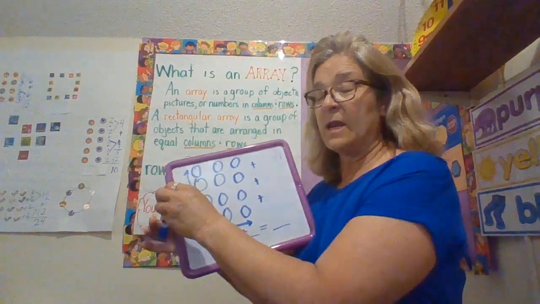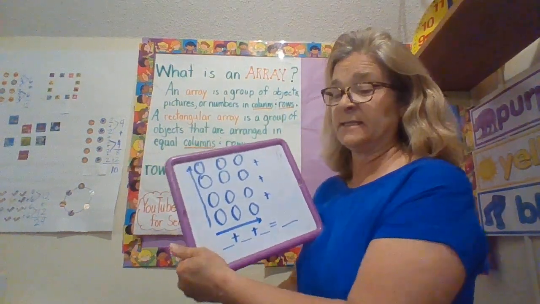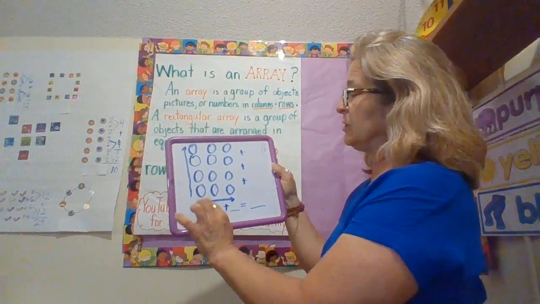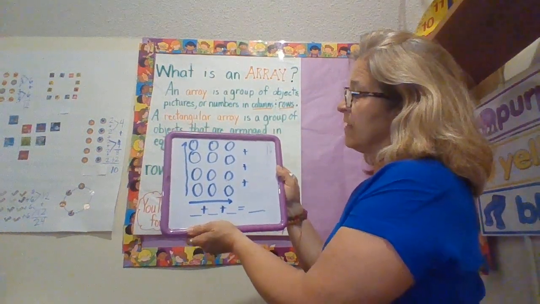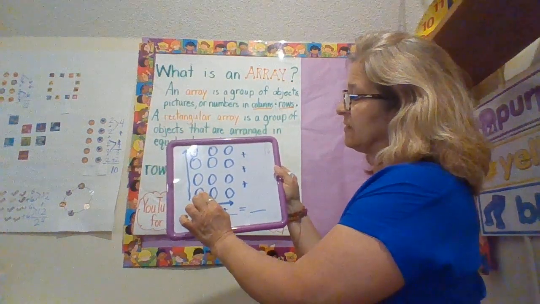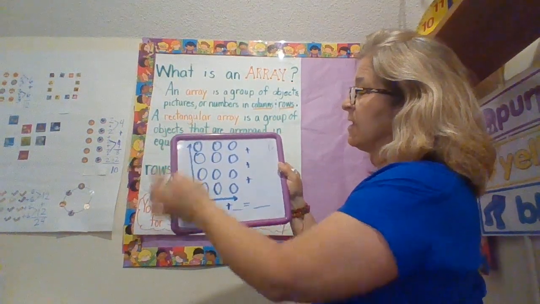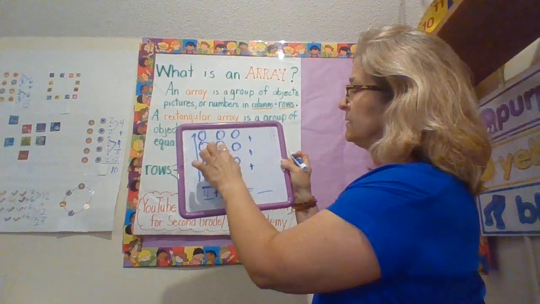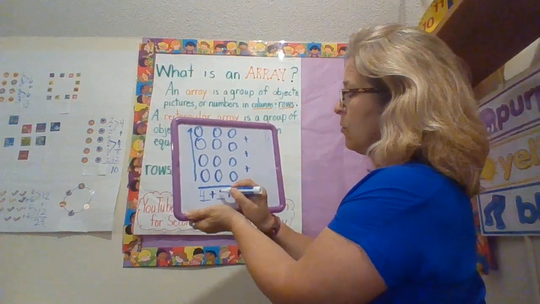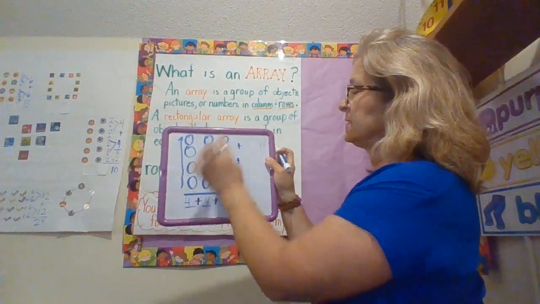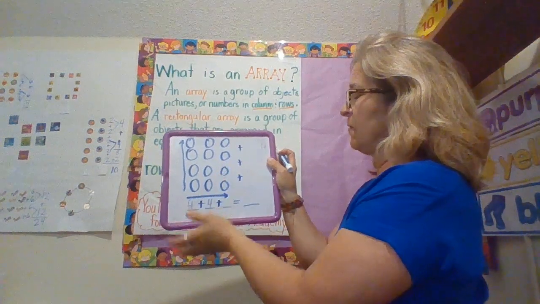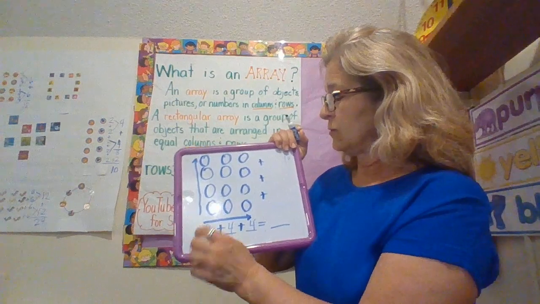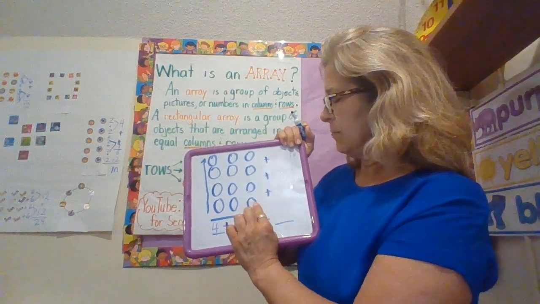So if we were going to write a repeated addition sentence for this picture, if we were going to use the number that are in each column, we would see that there's 1, 2, 3, 4. 4 plus 1, 2, 3, 4 more plus 1, 2, 3, 4, 4 more. So this array shows 4 plus 4 plus 4.